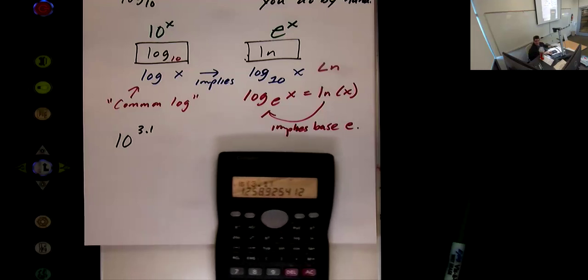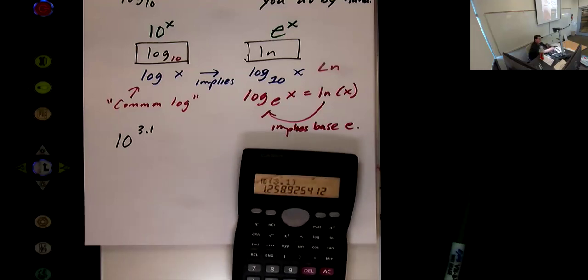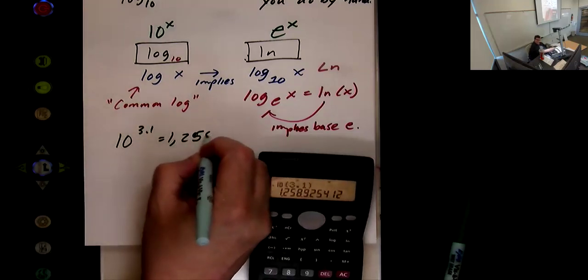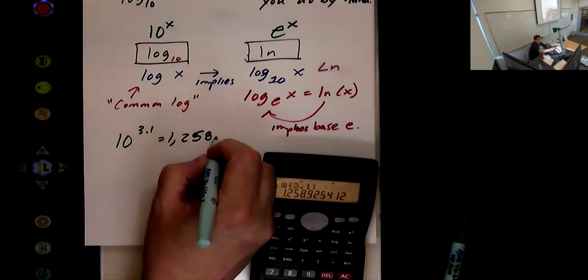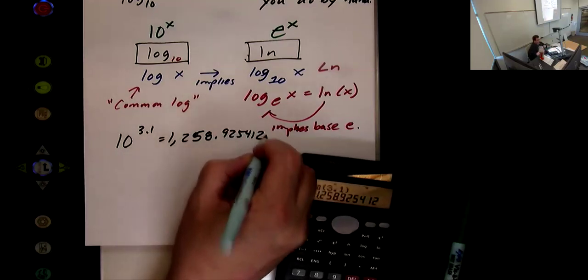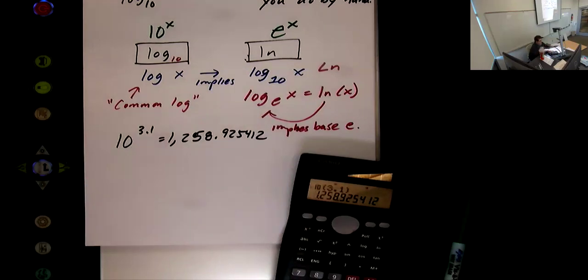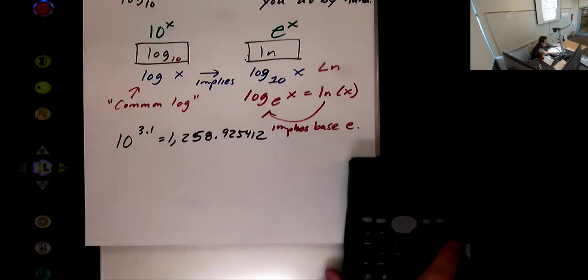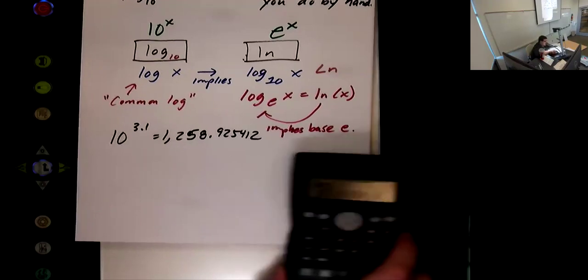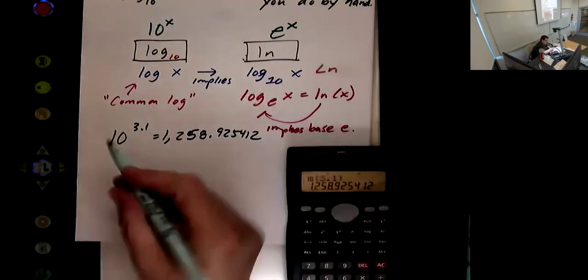That is 1,258.925412. Play around with your calculators until you get that. Make sure you get that. And then let's do e to the 3.1.